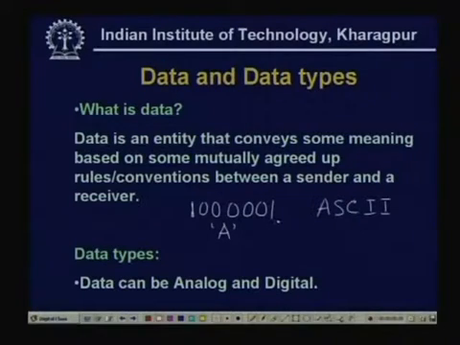So now it has become data. Until it could be interpreted, it is not data.